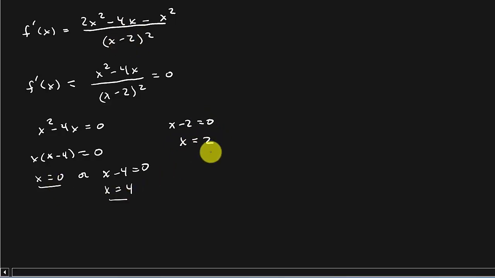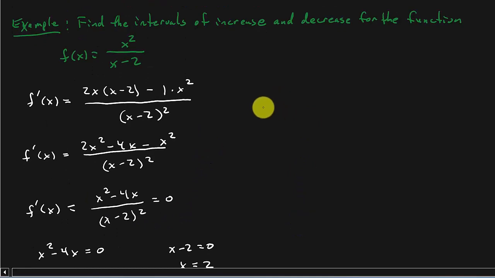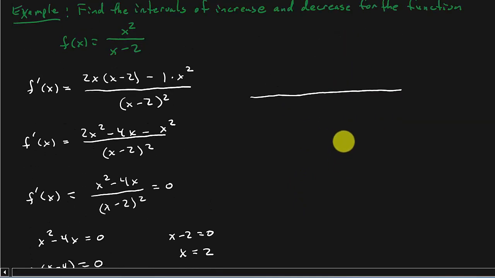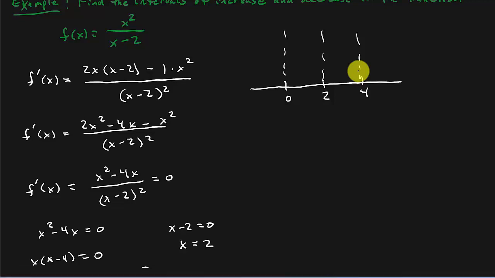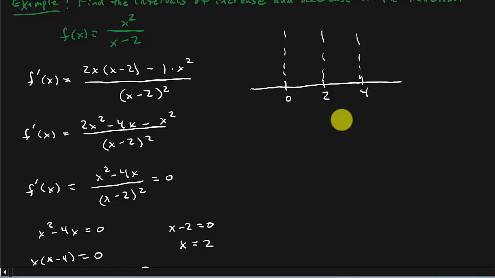So I need to plot all three on the number line: 0, 2, and 4. Then I need to choose a value from each region.